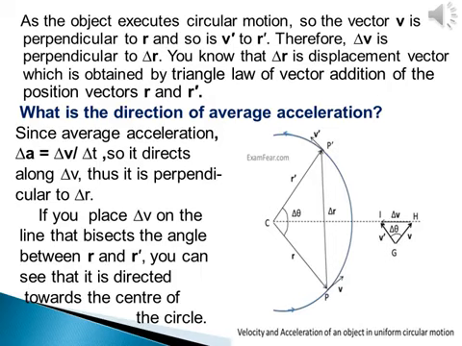Thus, it is perpendicular to delta r, as delta v is perpendicular to delta r. If you place delta v on the line that bisects the angle between r and r dash, that is delta theta, you can see that it is directed towards the center of the circle.